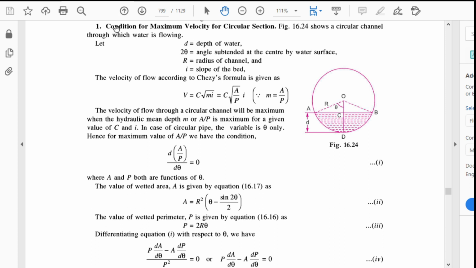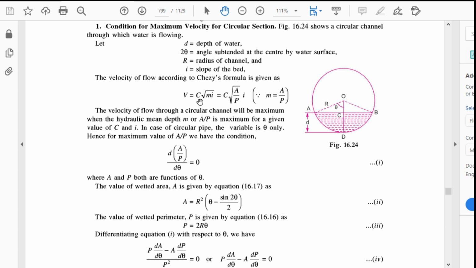Now as this is the condition for maximum velocity, here we have to take the equation for maximum velocity. And as this is an open channel, we can take the expression of Chezy's constant.